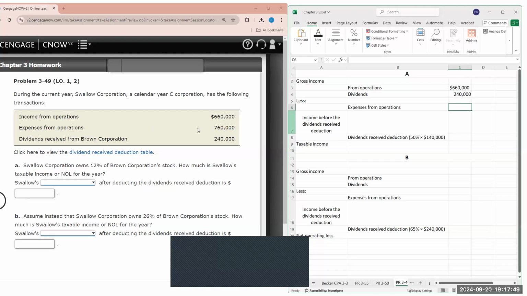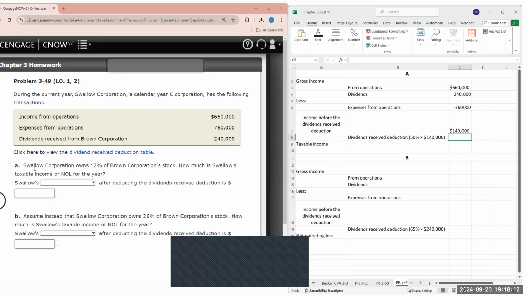It lets us know that the expenses are $760,000. So our income before the dividends received deduction is as follows: 660,000 plus 240,000 less 760,000 gives us income before dividends received deduction of $140,000.